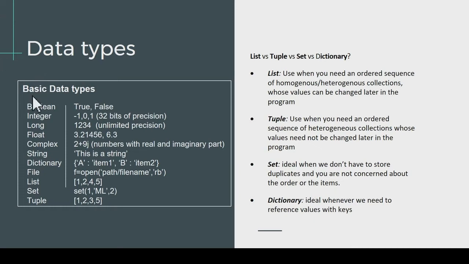The difference between integer and long initially was integer was limited with 32 bits of precision and long had unlimited precision. But with Python 3 and onwards, we don't have to know the differences between integer and long. So whenever there's a scenario where there's a scope for integer overflow, the data type is automatically converted to long. So we can ignore the differences between integer and long.